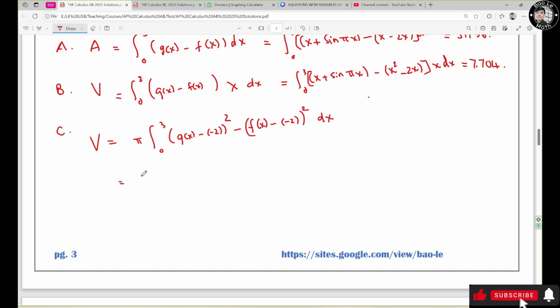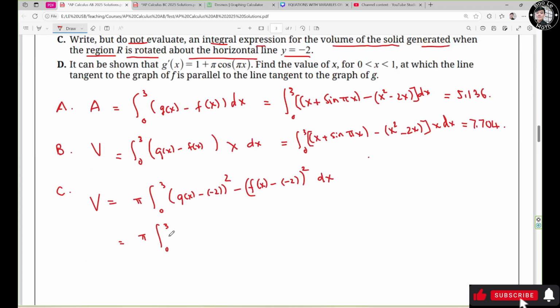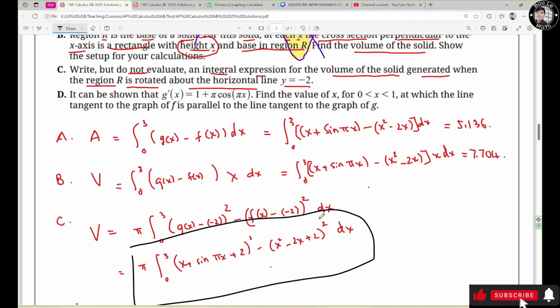Now it turns out to be pi integral from 0 to 3, g of x, which means x plus sine pi x, subtract negative 2, which means you're going to add 2, squared, minus x squared minus 2x plus 2 altogether squared, dx, right? Then this is the final answer. You don't need to evaluate it, because it says do not evaluate.